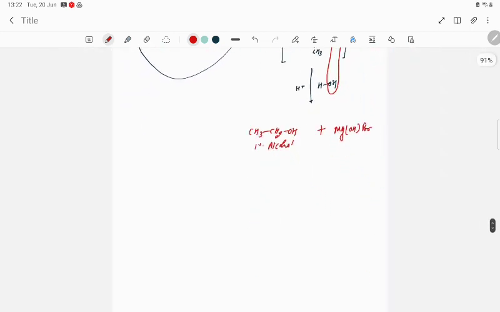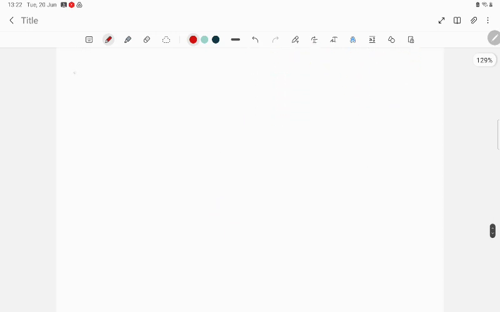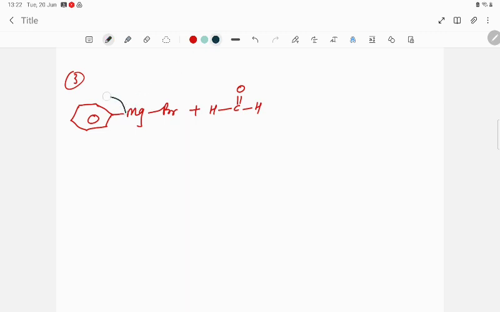Now suppose another reaction, the third one: phenyl magnesium bromide. What is phenyl magnesium bromide? This is the phenyl group, then Mg and Br, and now you are treating it with formaldehyde. The whole phenyl group is going to attack on this position.